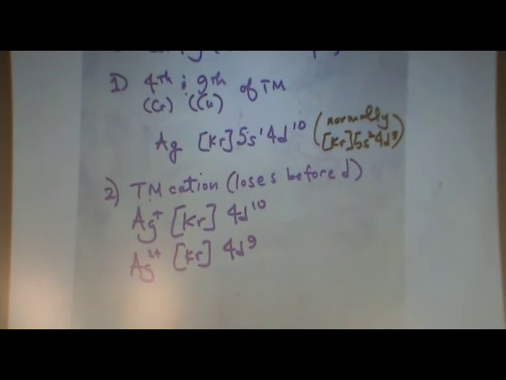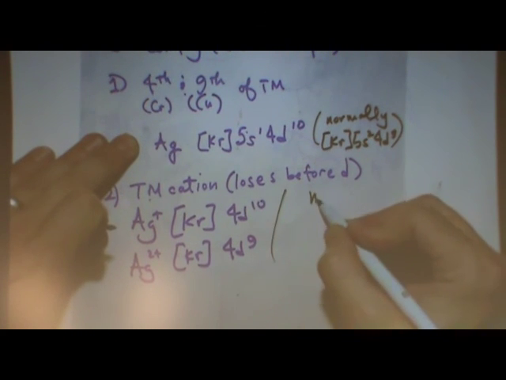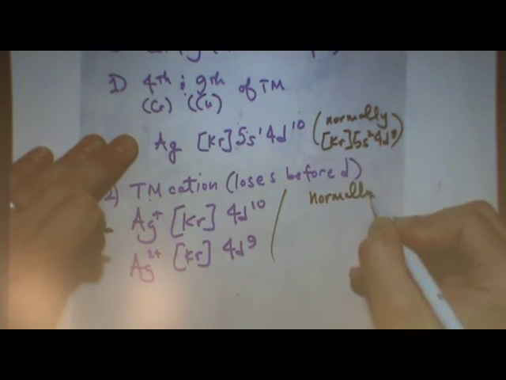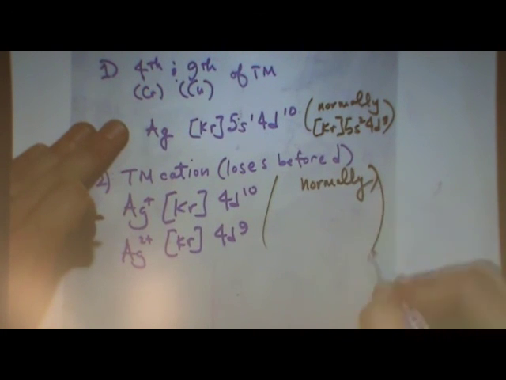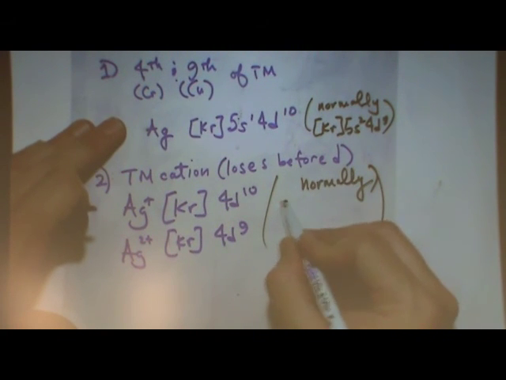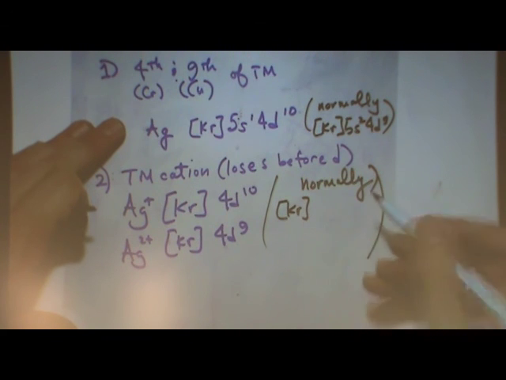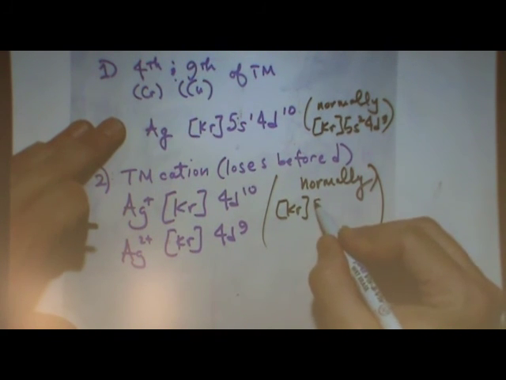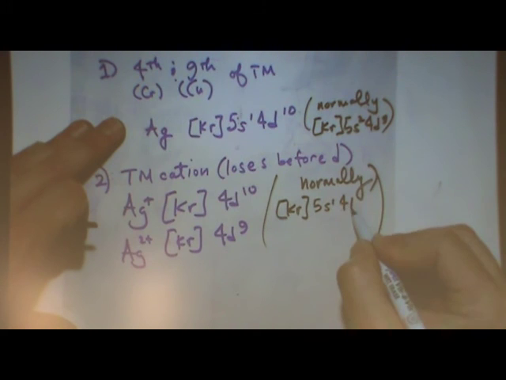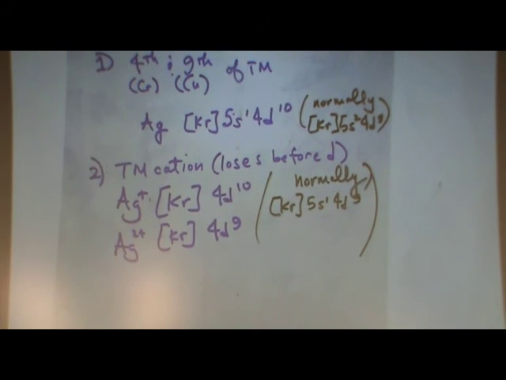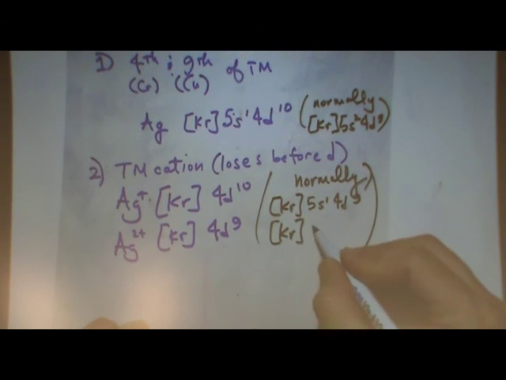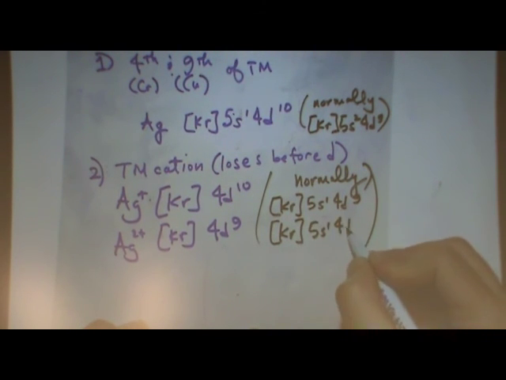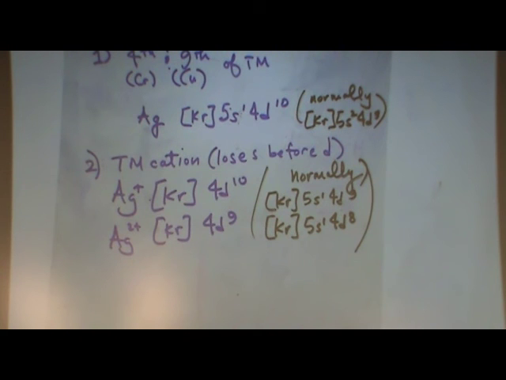Normally you would expect for silver plus Kr 5s1 4d9, so the d, whatever you filled last, disappears first. Or for the second one, you'd expect Kr 5s1 4d8.